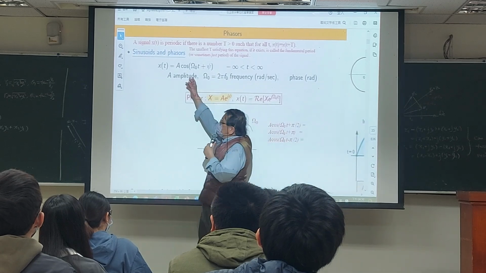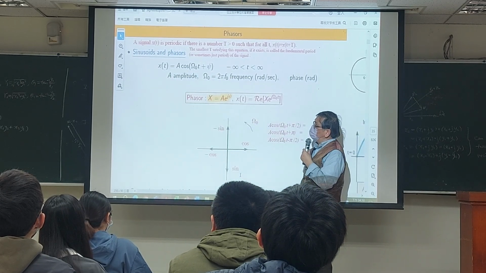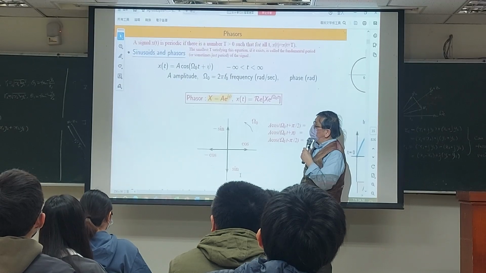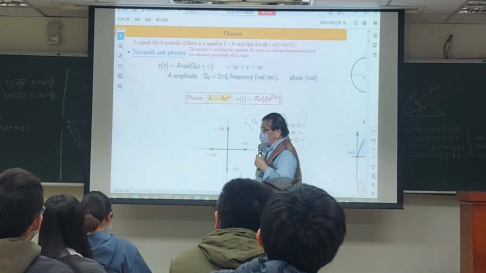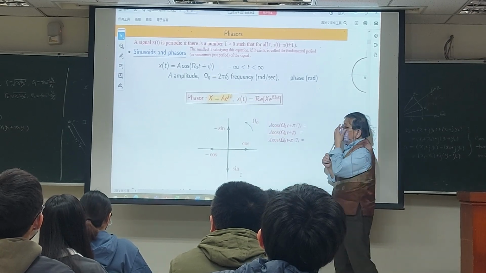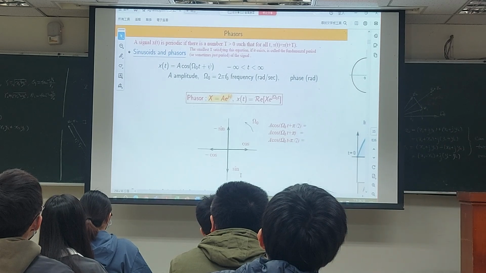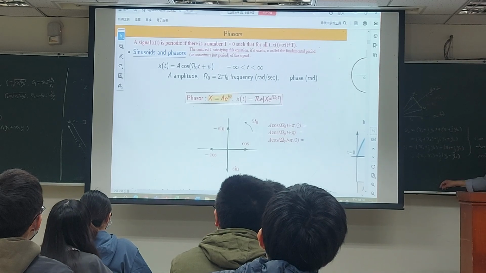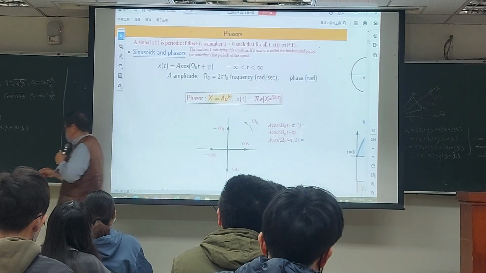All right, now this is a sinusoidal signal, A times cosine of omega sub 0 times t plus psi. This omega sub 0 is called the frequency of the signal, and psi is called the phase angle. Actually, this is not the only way to introduce the signal.